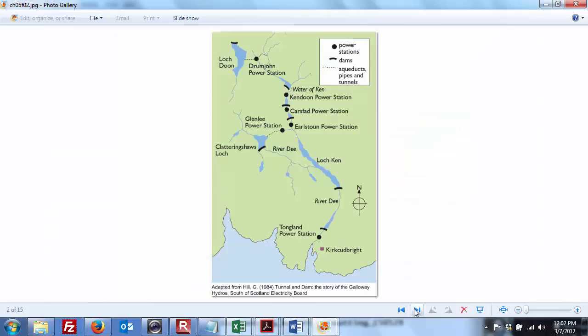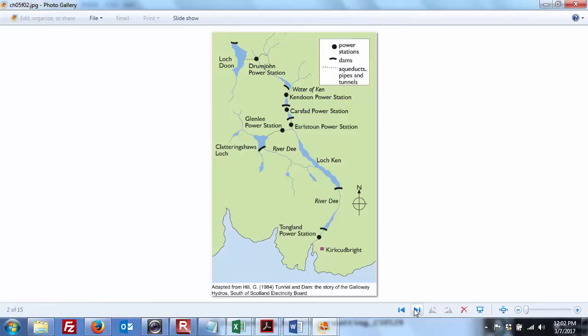There's also some neat little maps showing this century or so old system in England for producing electricity. Fairly predictable. You're relying on rainfall, you're relying on topography. If it were not for the fact that the earth were lumpy and that water evaporated, none of this would work.